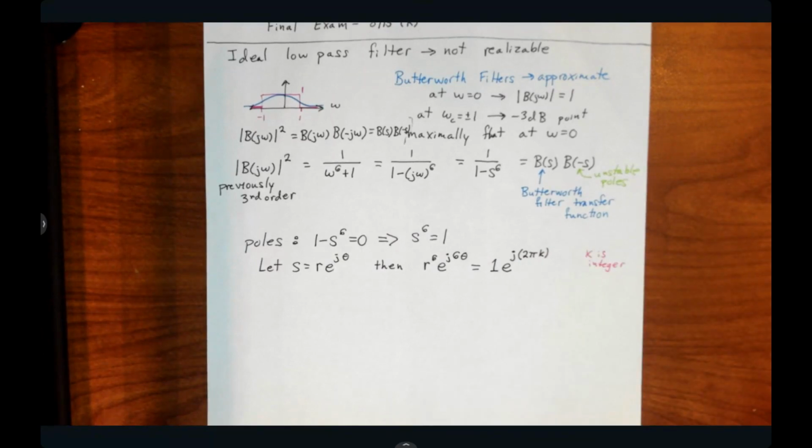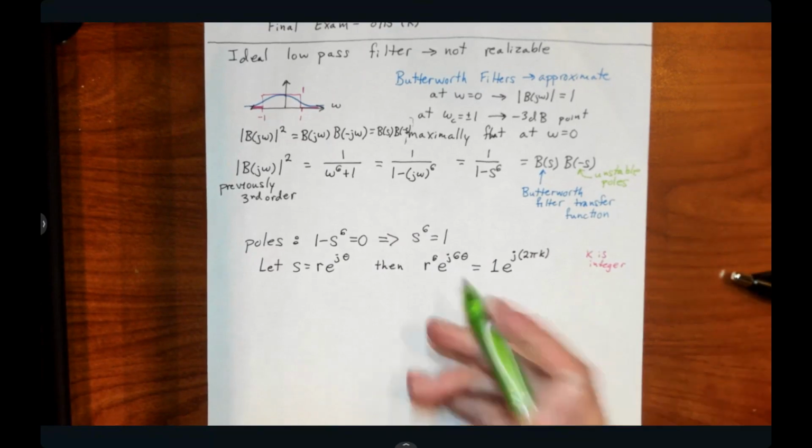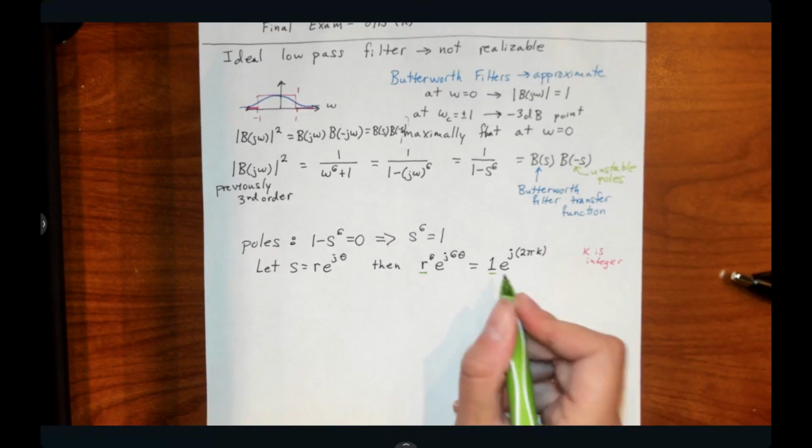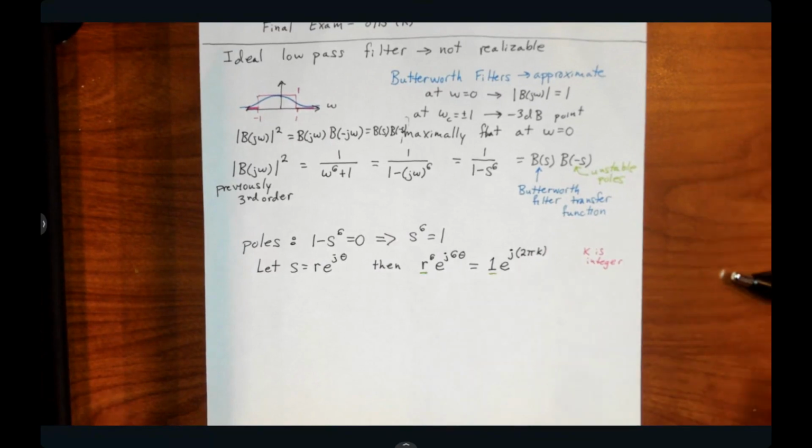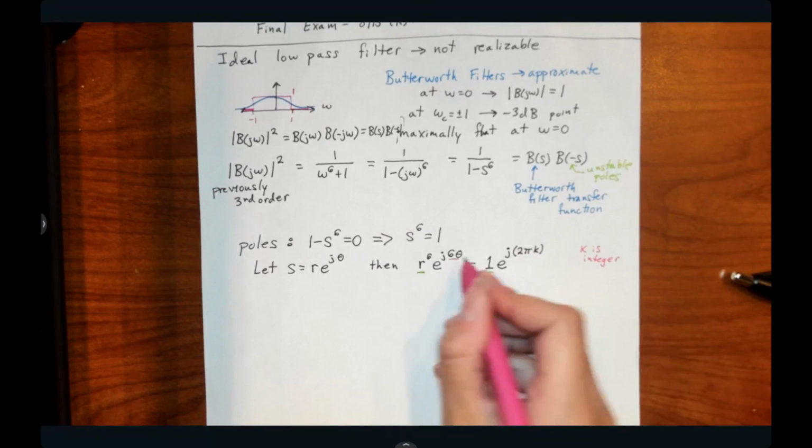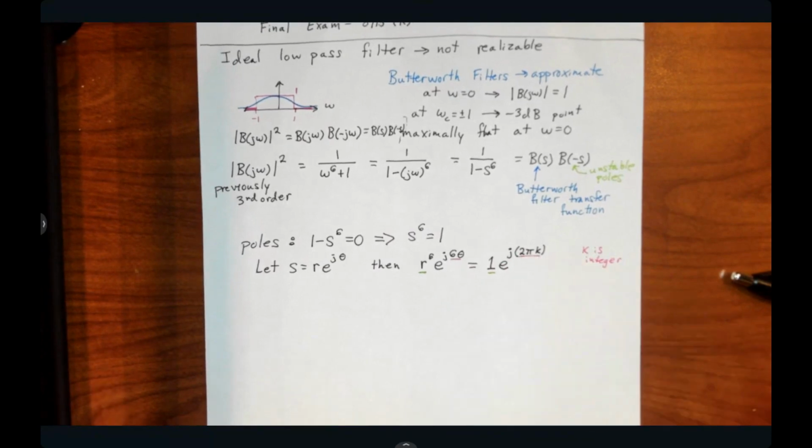So what this allows me to do is now I can equate my magnitude, and I can equate my phase and get expressions for that magnitude r and that phase theta that define my poles s.